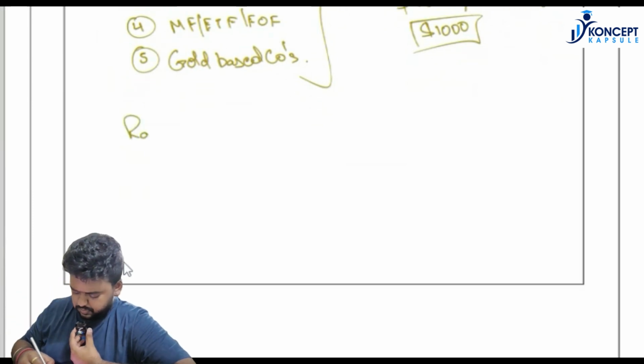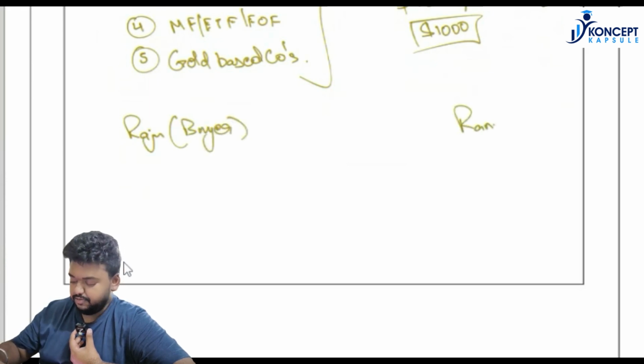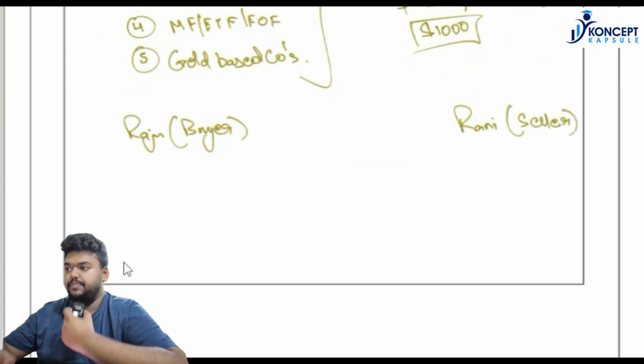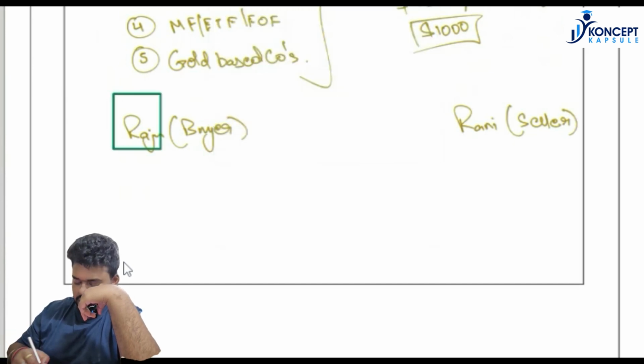So there is another alternative that is available with Raju. Raju, who is interested in buying gold, will find someone, maybe by the name of Rani, who is interested in selling gold, right? Why is Rani interested in selling gold? Because Rani expects the price of gold to go down.